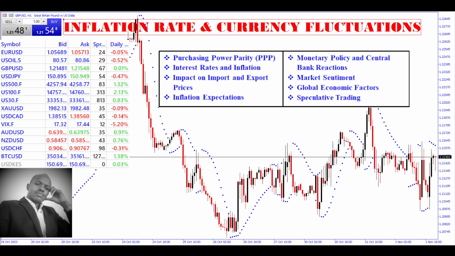However, higher interest rates have the impact of making the British pound more attractive to investors who are seeking higher returns. The result is this could lead to appreciation in the value of the British pound.